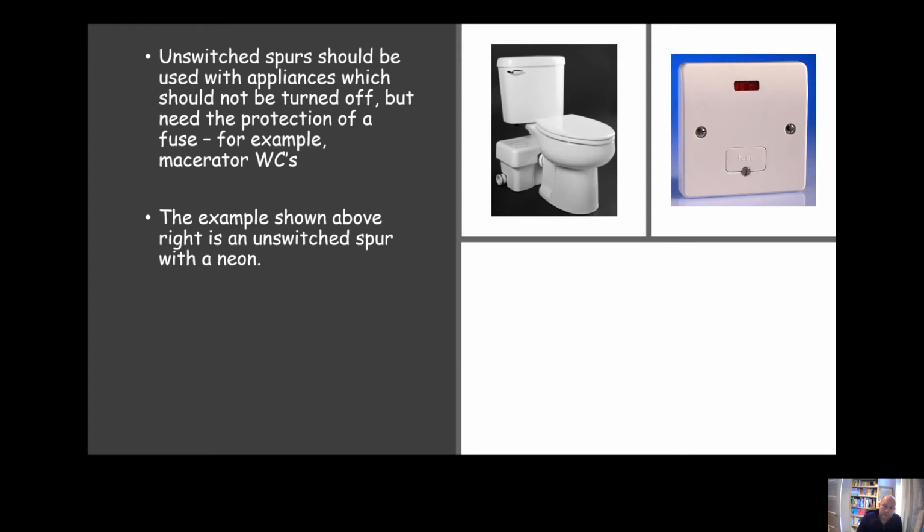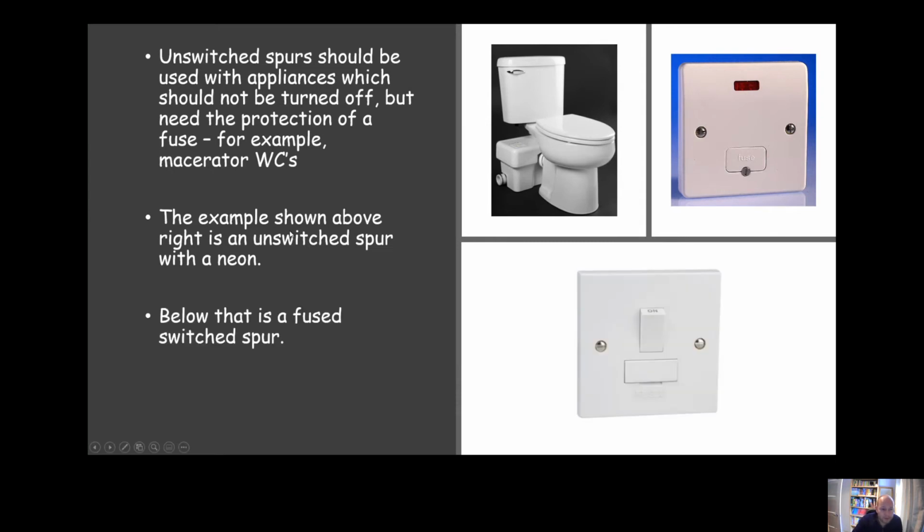What a macerator does is it blends up whatever is put into the toilet and will then pump it to an appropriate place. And we really don't want that to be able to be switched off. So what we would then do is fit an unswitched fuse spur to these.